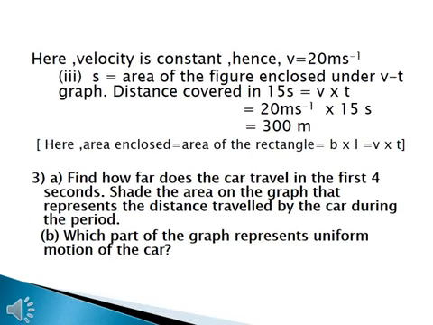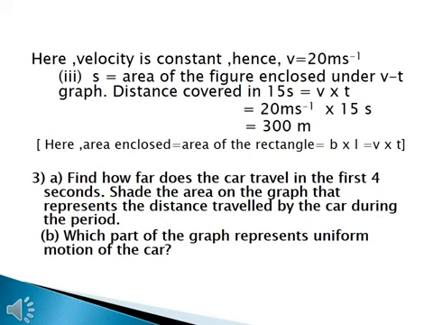And third part is we have to calculate the distance covered by the cyclist in 15 seconds. Since it is the velocity time graph, the distance covered is obtained by the area of the figure enclosed under the VT graph. Here the area enclosed is equal to the area of the rectangle.